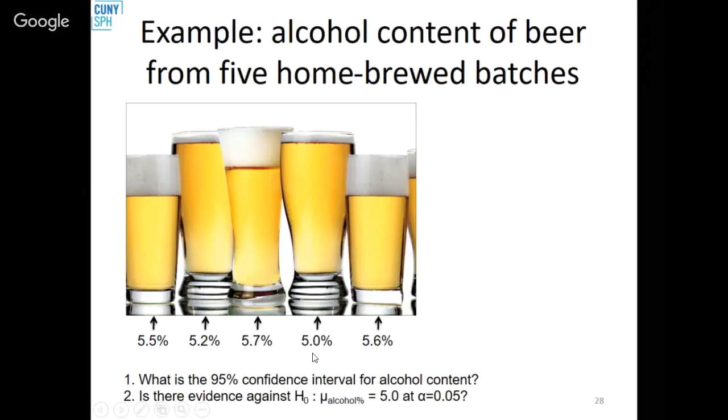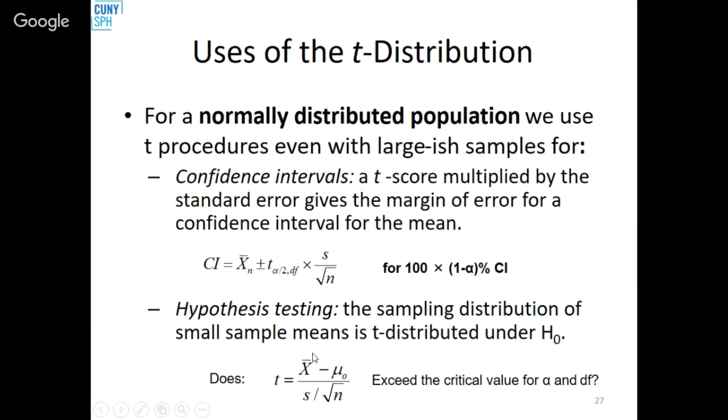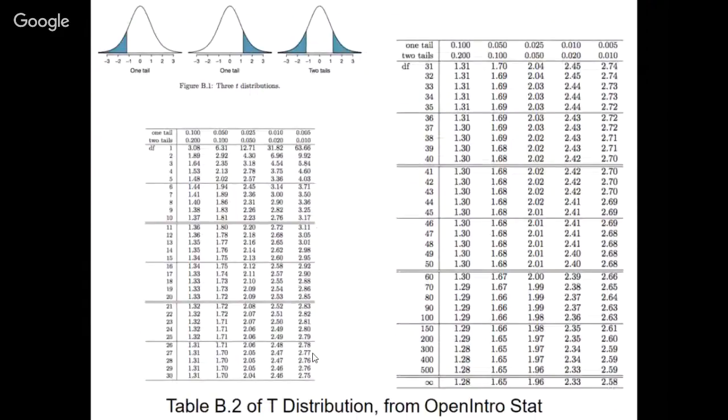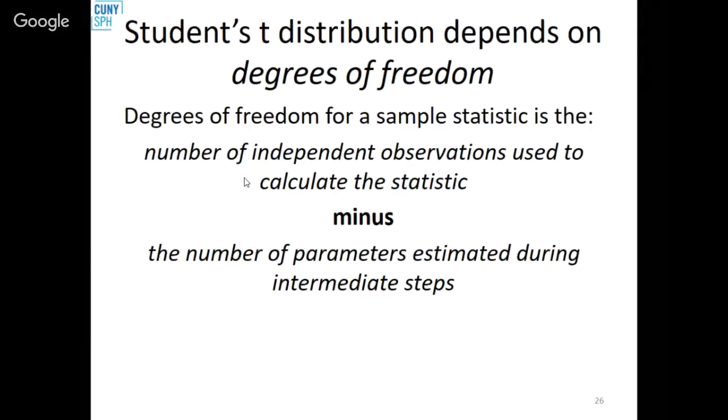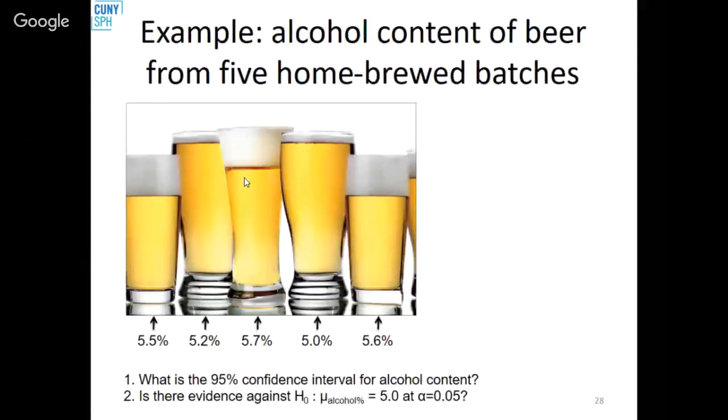Then I would use 4 degrees of freedom, go back to this table, and see that the critical value is 2.78. So I would multiply that standard error by 2.78 to get a confidence interval. And I won't actually go through this now because you'll have plenty of time to practice during the lab today.